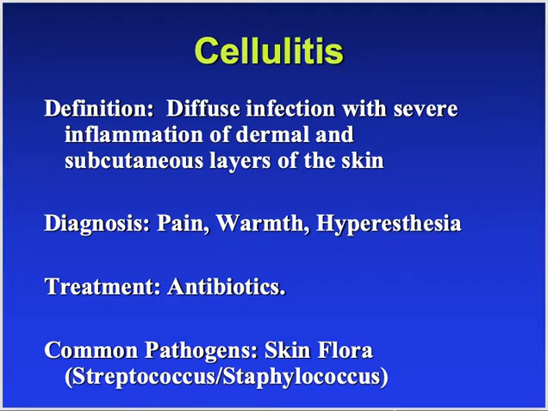Streptococcus or Staphylococcus are gram-positive bacteria, gram-positive cocci, so we are going to use antibiotics which are effective against that. Penicillins, flucloxacillin, and all these drugs have very good results for this condition, and of course they can be given along with some painkillers or anti-inflammatory drugs if needed.